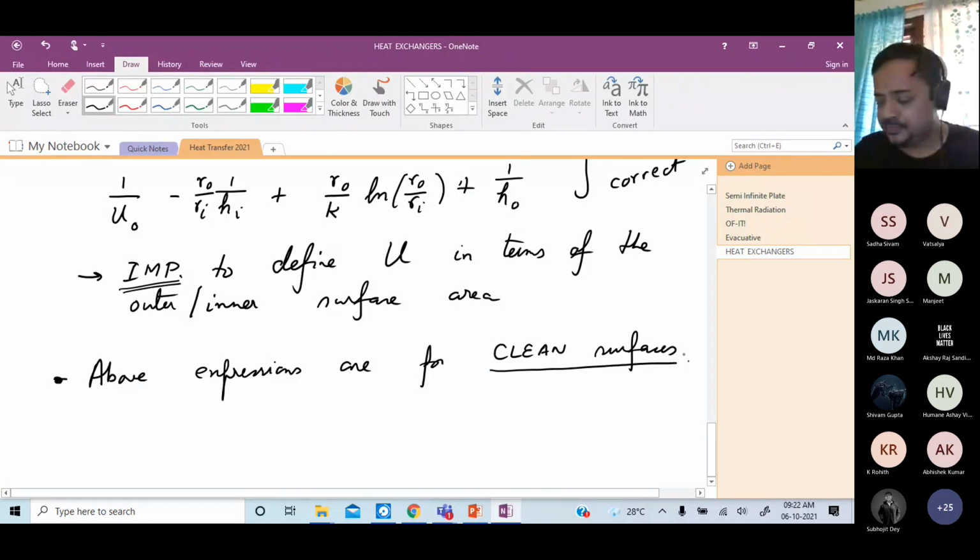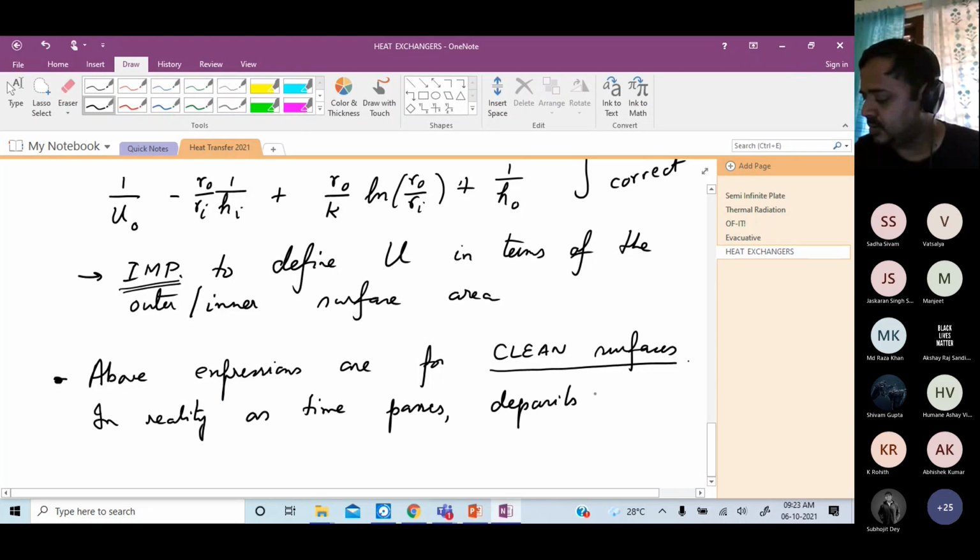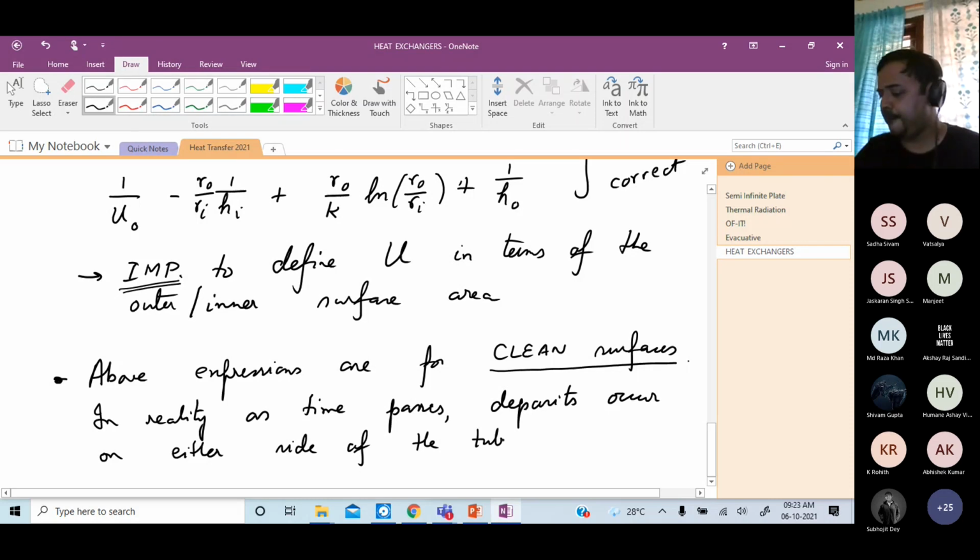Because in reality, as time passes, solid deposits occur on either side of the tube, forming thin layers.